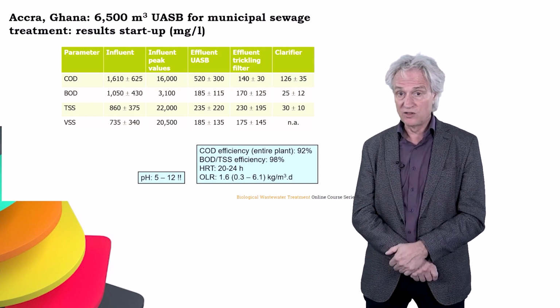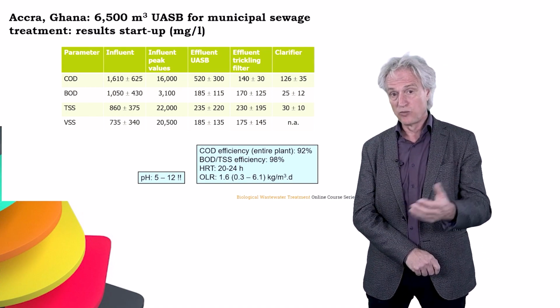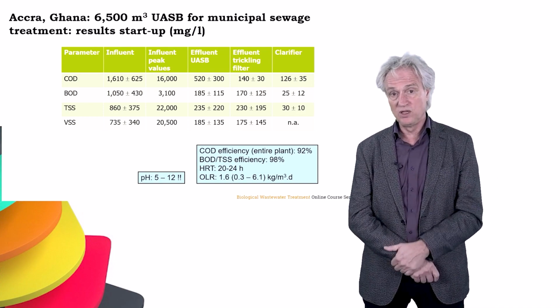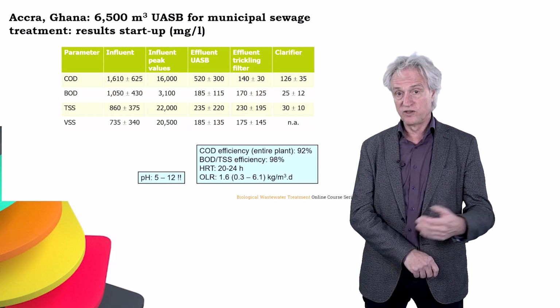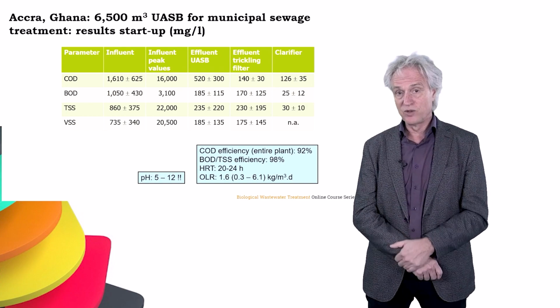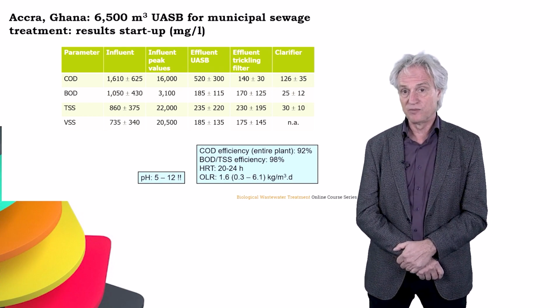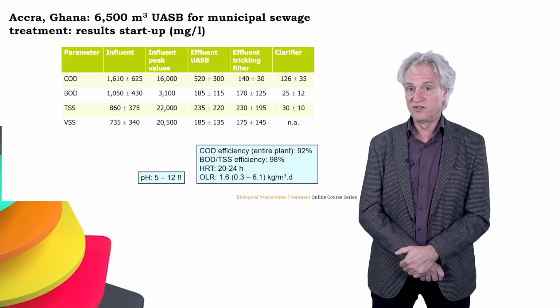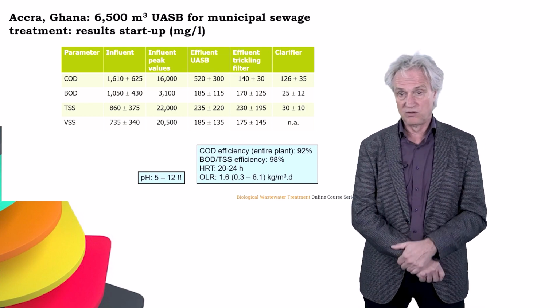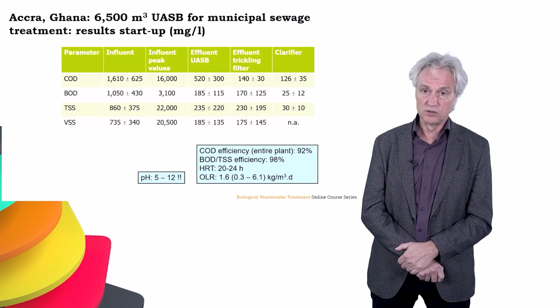It can also be seen that the COD to BOD ratio of the normal sewer is 1,600 divided by 1,000, but from the influent peak values it was 16,000 divided by 3,000. So apparently this is septic tank and container content dumped into the sewer.